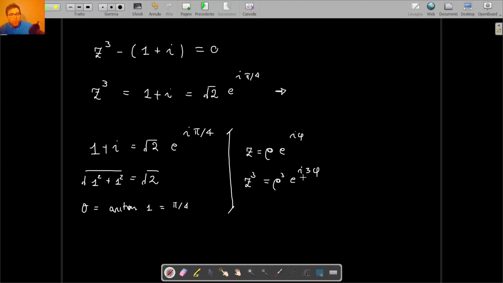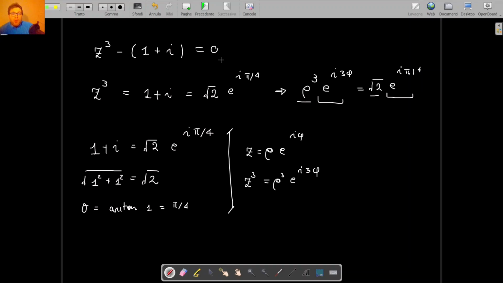Then we can equate the left hand side of the equation with the right hand side. So we have rho cubed times e raised to i 3 phi equal to square root of 2 times e raised to i pi over 4. Now we have to equate the modulus with the other modulus and the phase with the other phase.